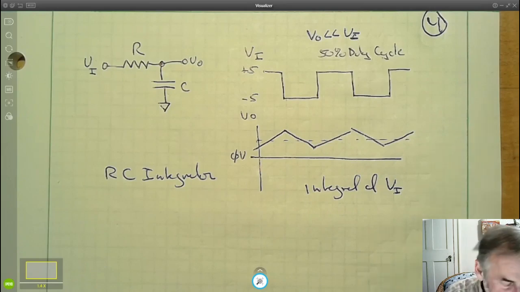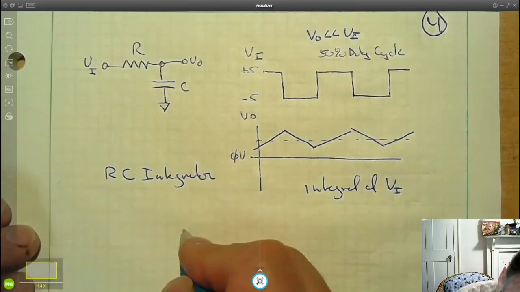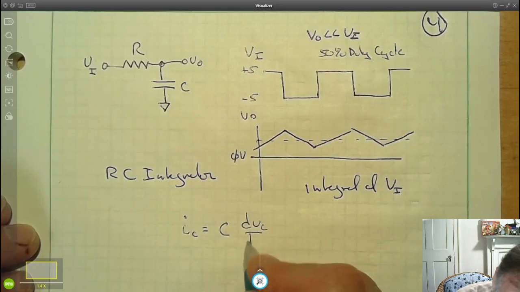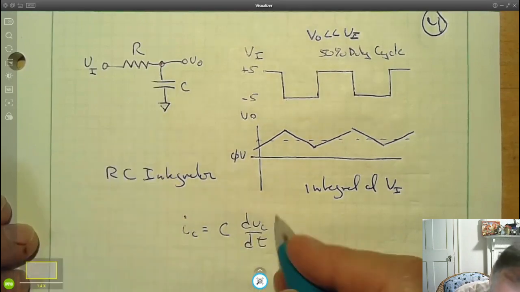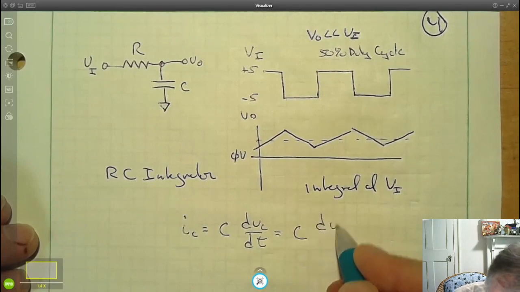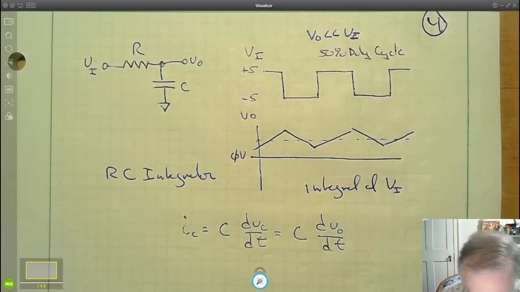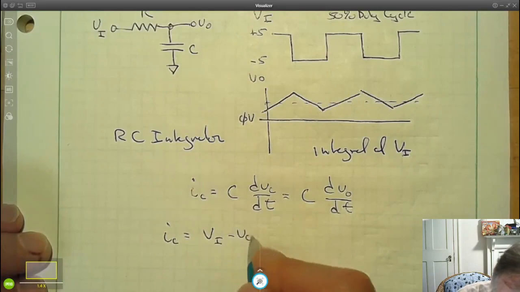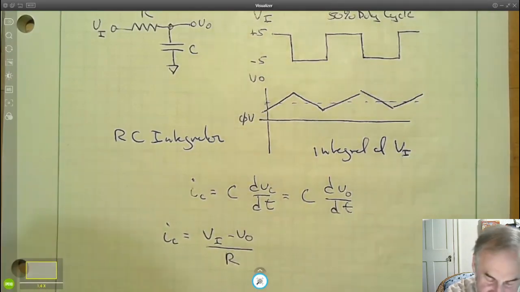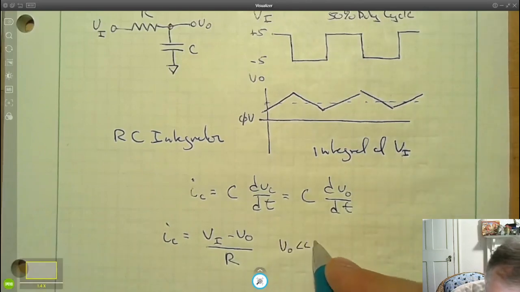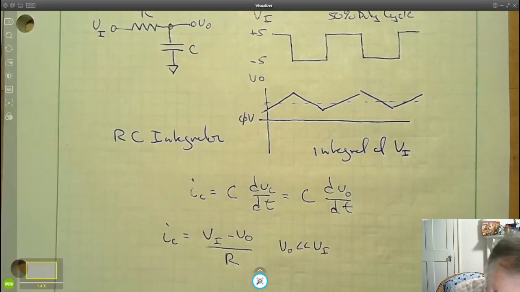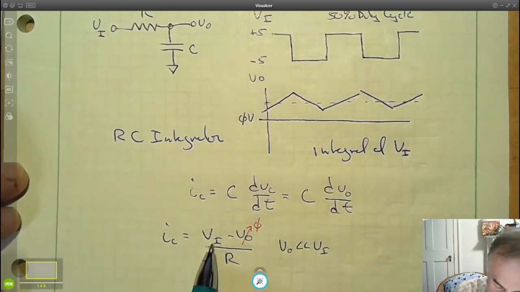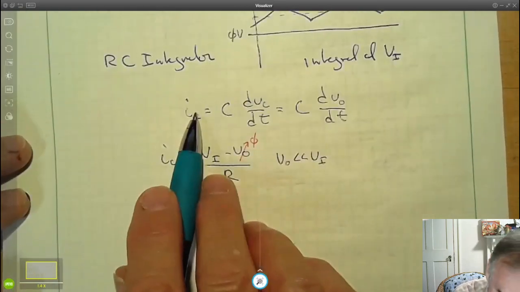Okay, let's see why this is an integrator. Well, we know that I sub C equals C dV sub C dt, but the voltage across the capacitor here is V out, so this is C dV out dt. I sub C is equal to V in minus V out over R, but we're saying that V out is much, much smaller than V in, and in fact can be ignored. So we're just going to ignore it, and we get I equals V in over R, so we can substitute that here.